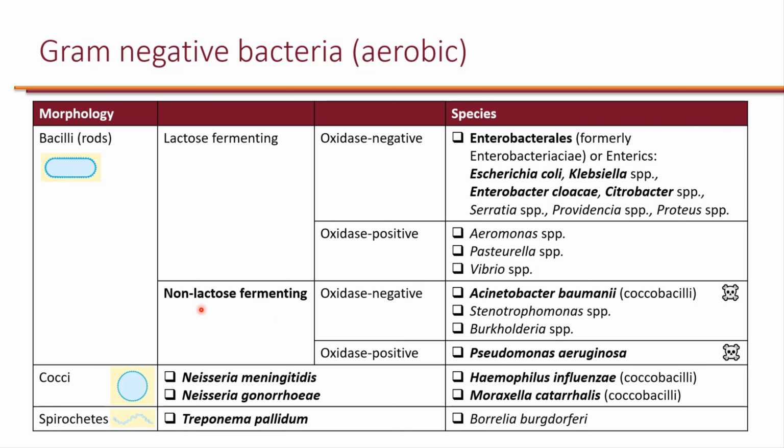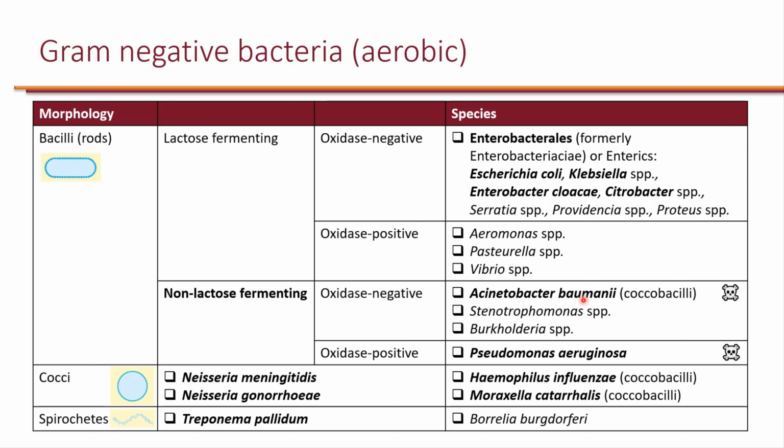And then when it comes to non-lactose fermenters, and this is bolded because these are very important organisms, they typically are very resistant to a lot of antibiotics. So the most important would be Pseudomonas aeruginosa. This causes a lot of severe infections and becomes difficult to treat.